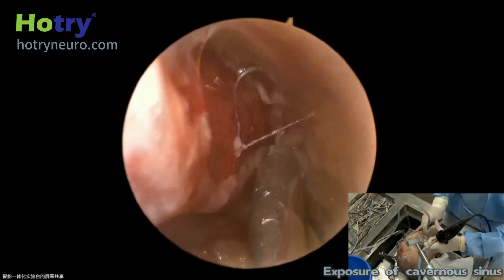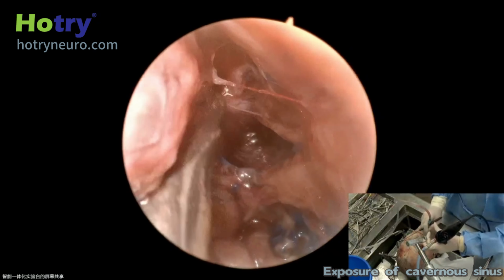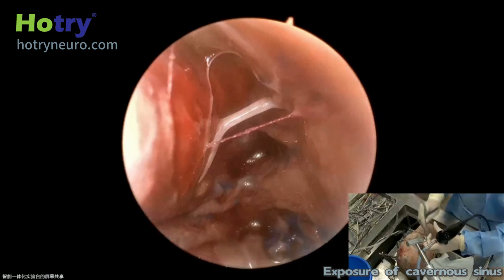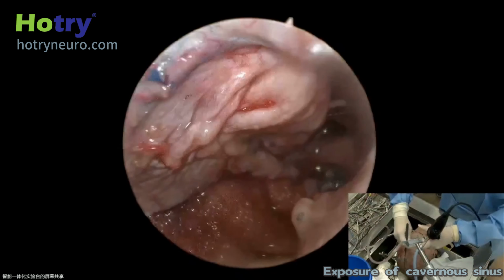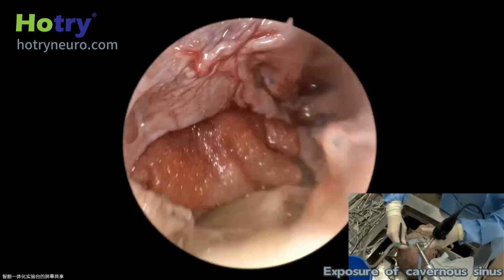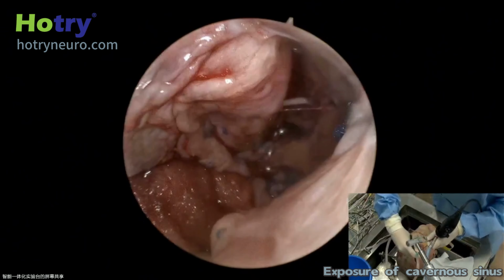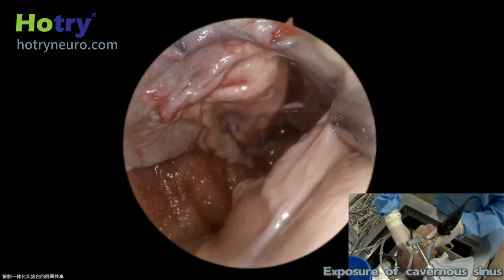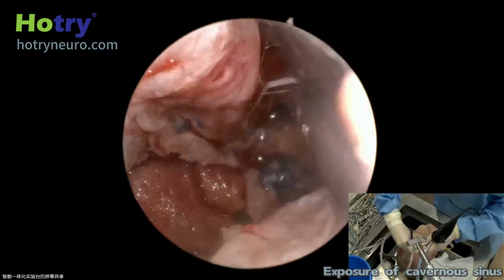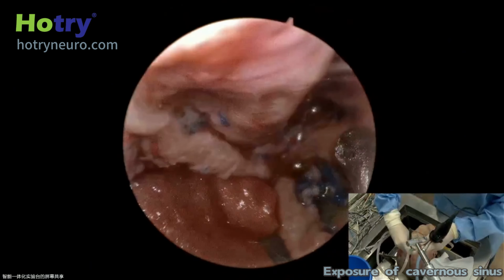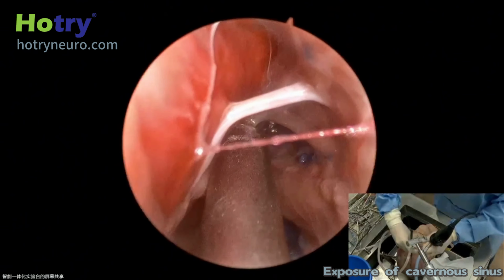There's too much CSF coming out. Here we should be able to see the posterior genu of the carotid artery, and also the sixth nerve.